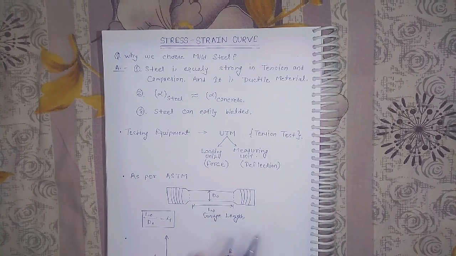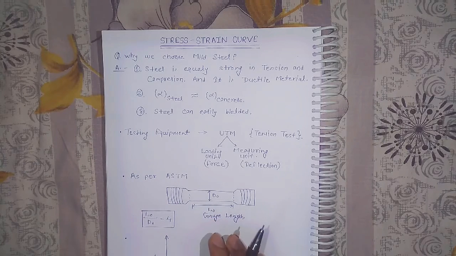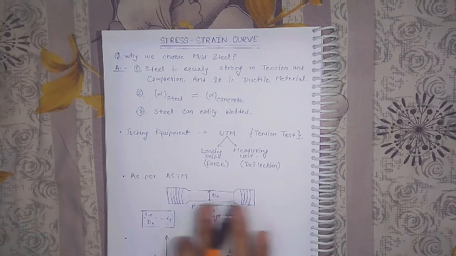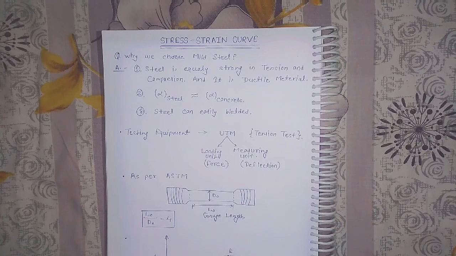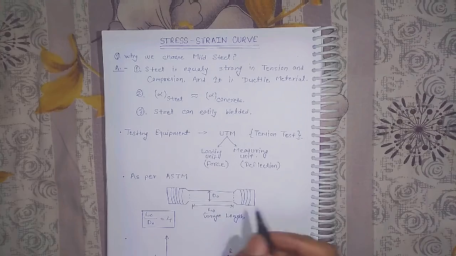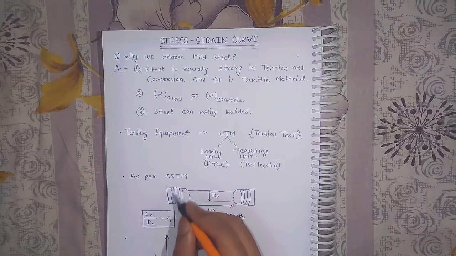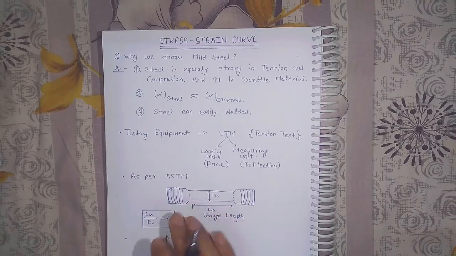As per the ASTM, this bar is used for a tension test. L naught represents the gauge length, D naught represents the gauge diameter, and this grooved portion of the bar is embedded into the machine.